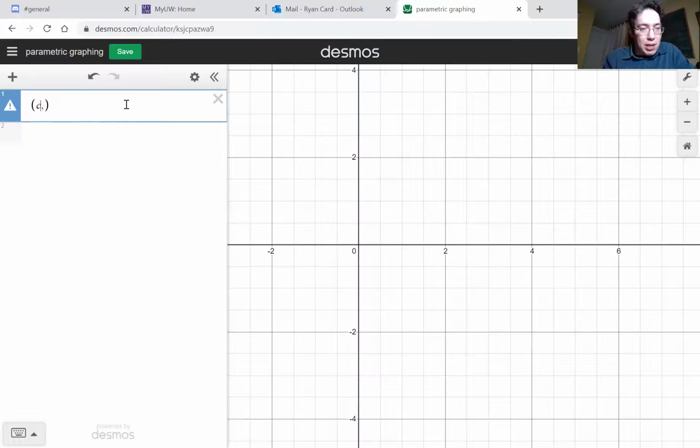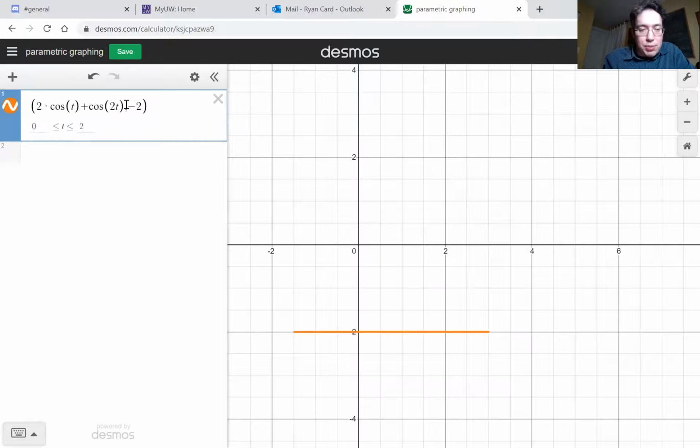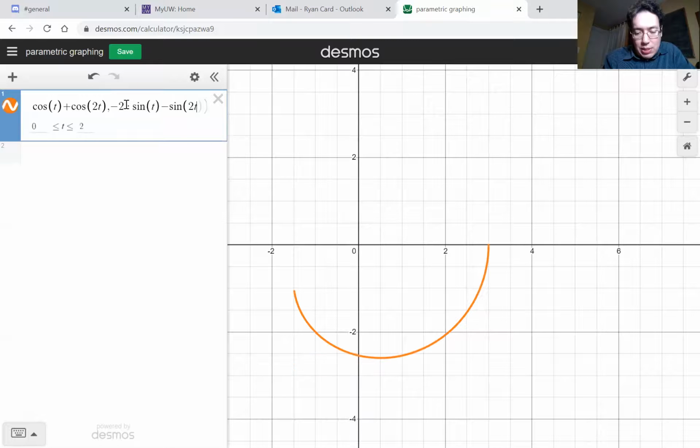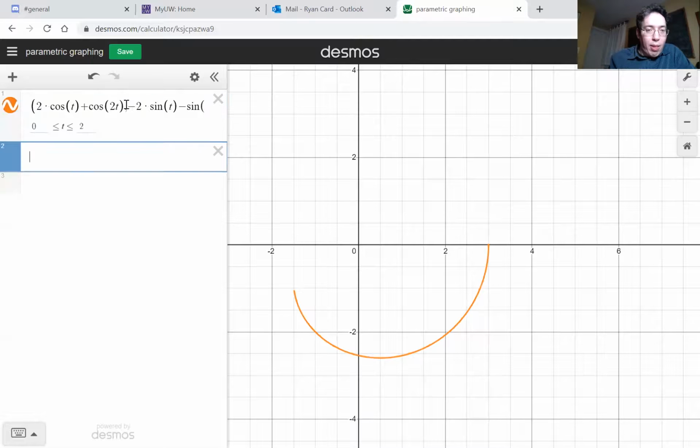So I had 2 times cosine of t plus cosine of 2t. That was the x component. And it was negative 2 times sine of t minus sine of 2t. Okay, I'm starting to see things here.